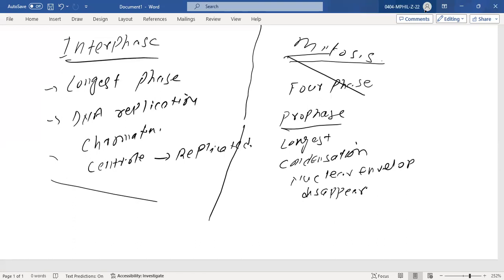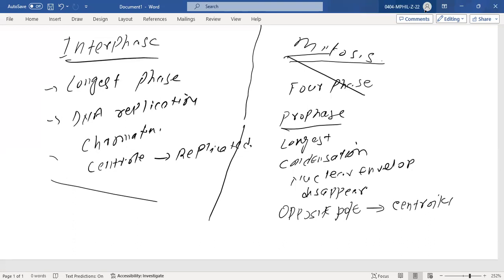Any other change about centrioles? Think about centrioles. What would be the change here with centrioles? Centrioles will start moving towards the opposite poles, I think. Yes, opposite movement, opposite pole. You can write it about centrioles. Okay. Anything else?